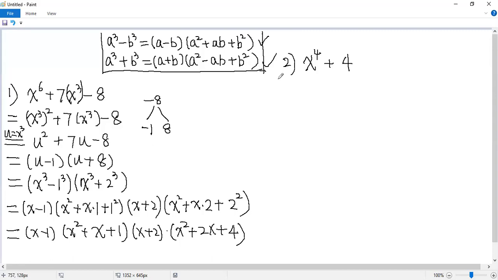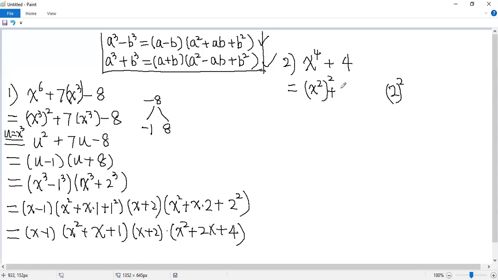It is not a quadratic polynomial, so no formulas can be applied. But we can write it as the sum of squares. x to the 4th equals (x squared) squared, 4 equals 2 squared. In order to make a perfect square, viewing x squared as a, 2 as b, we need to add a middle term, 2ab.